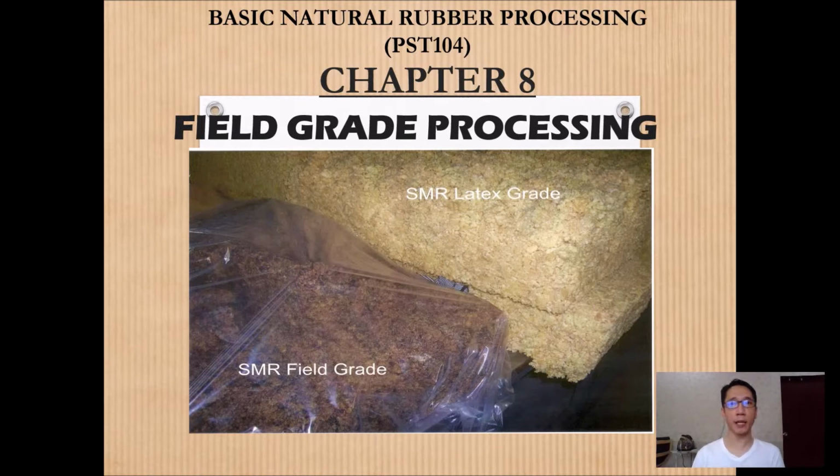So I hope you can give your attention to this chapter, because it is very important and the key point of this PST104, and more likely this chapter will be covered in your assignment, and it should also be one of the chapters covered during your factory visit. However, due to our current situation, more likely we don't have factory visits, but I will come up with other solutions. Okay, let's begin our chapter 8.